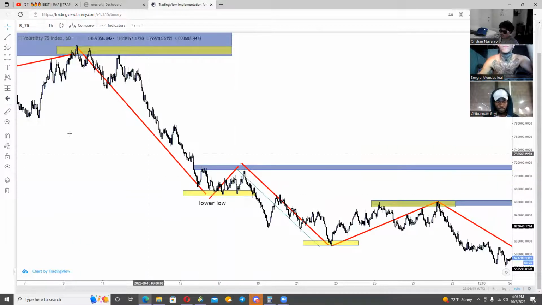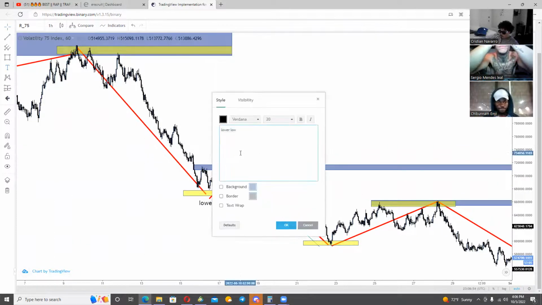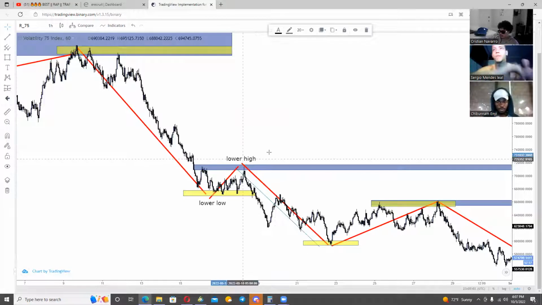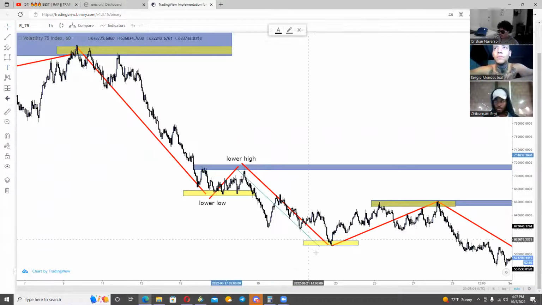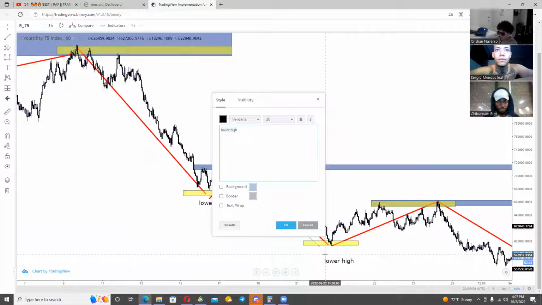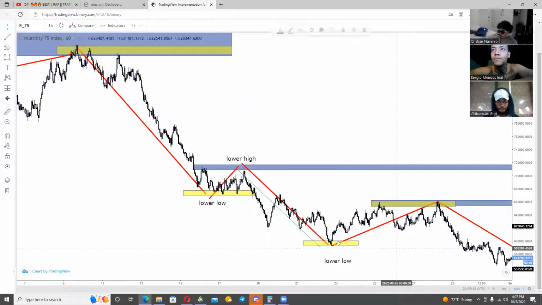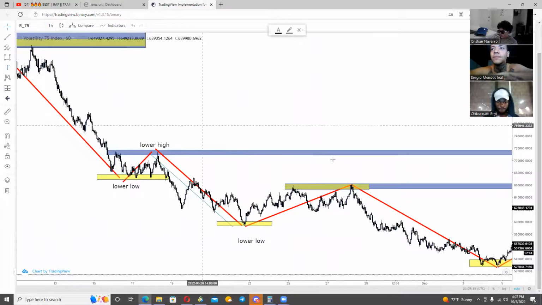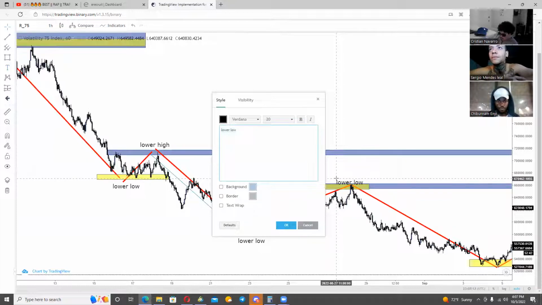From there, we have a lower high point. We have a lower high, and once again, from that lower high, we have a lower low. We have, once again, a pull, which is the lower high once again.